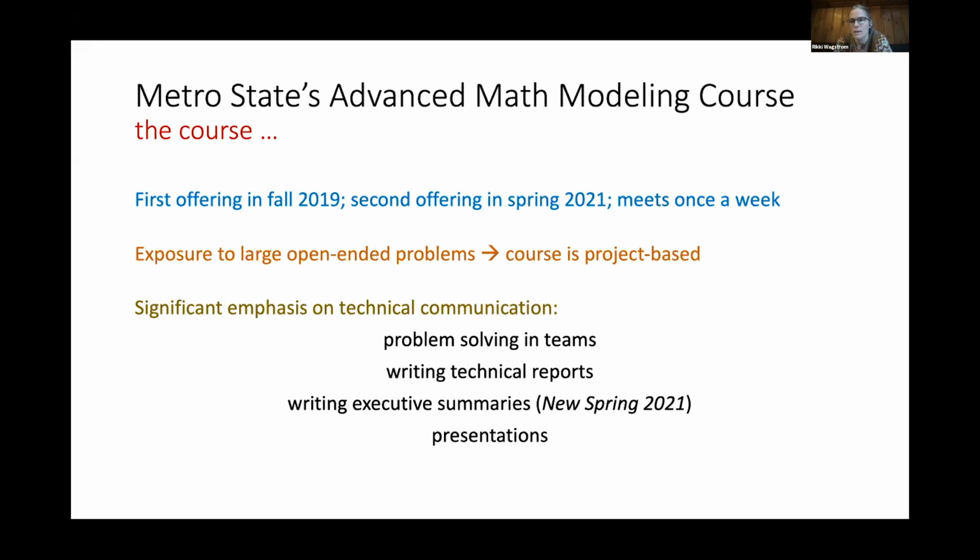And therefore, the course is almost exclusively project-based. The other emphasis in the course is on technical communication. So problem solving, they do this in teams. We focus on writing technical reports, executive summaries, and also giving presentations.